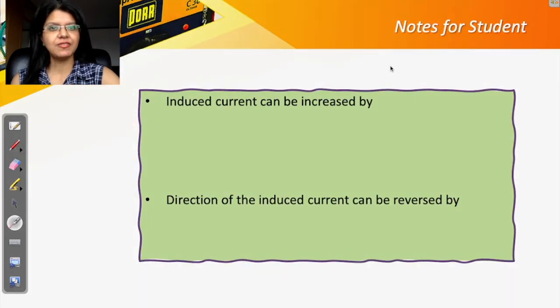And some notes for you all to take down. Induced current can be increased by... How can you increase the induced current? Now that you have done so many exercises, you should be able to answer this question. Take a moment, you can pause this video and answer this question.